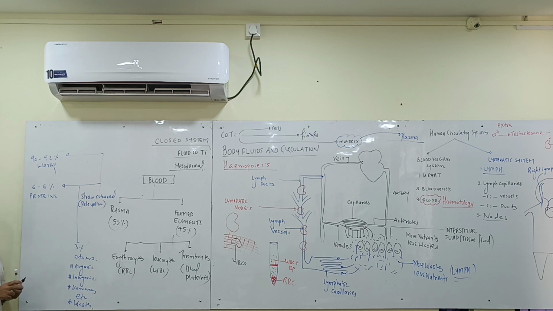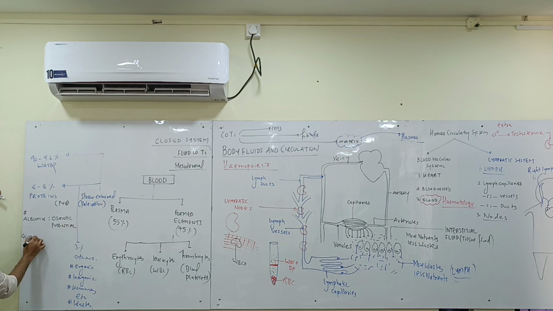Okay? Our focus right now will be on plasma proteins. There was a PYQ, name of the protein and the function. So one of the proteins is albumin, whose function is osmotic potential of the blood.